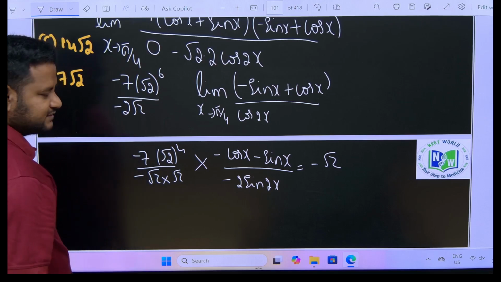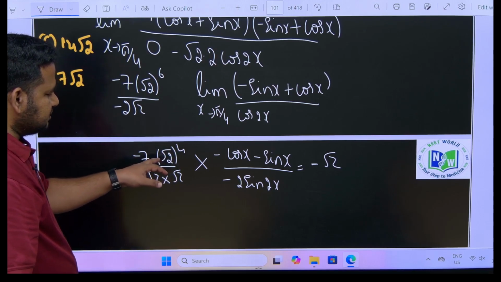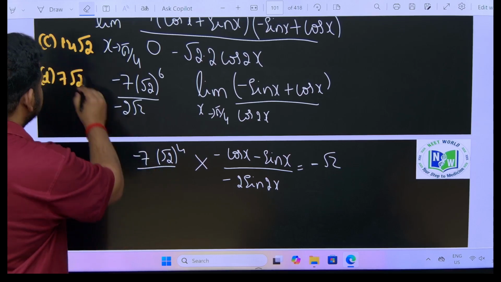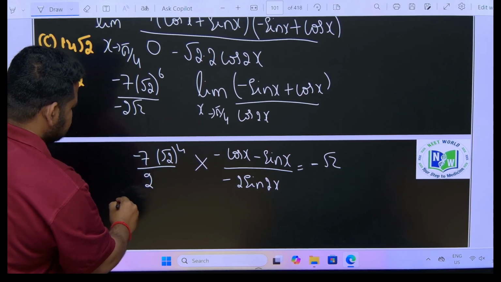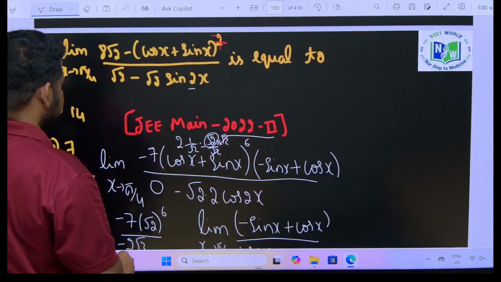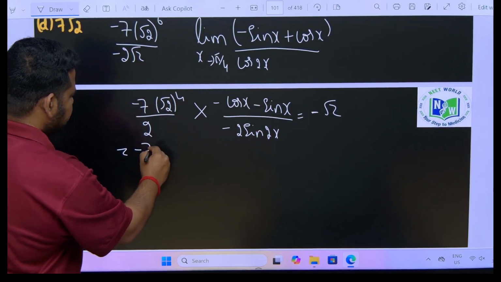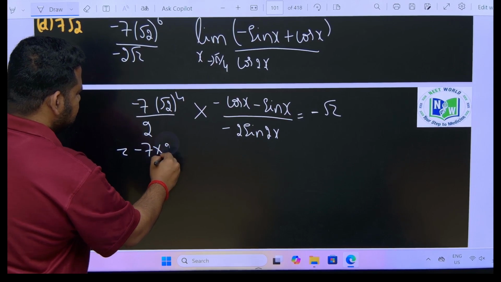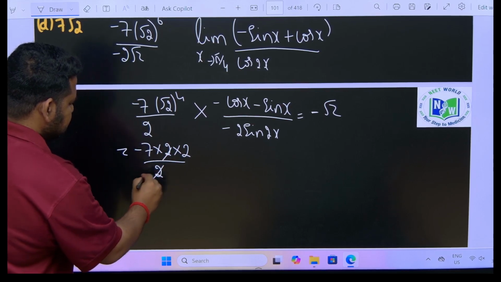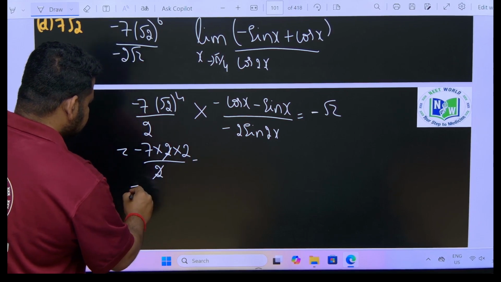This root 2 cancels. So root 2 to the power of 4, if you multiply, you will get 2 into 2. So this will be minus 7 into root 2 to the power of 4, which is 2 into 2, divided by 2. This 2 cancels, so this will become equal to 14.